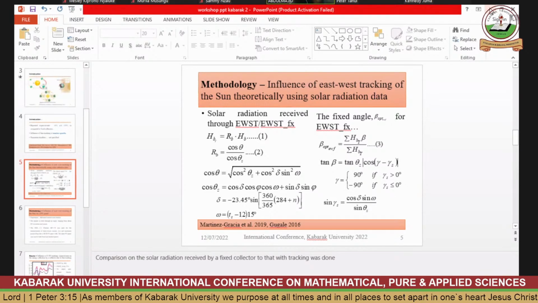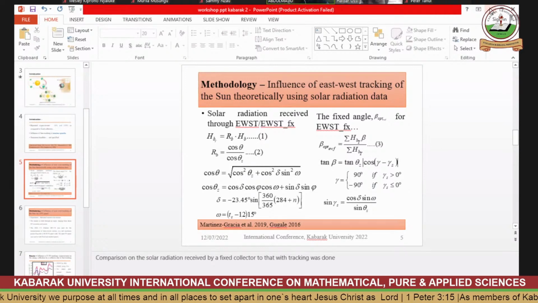Okay, thank you for the question. As I said earlier, there are different literatures showing the impact or influence of sun tracking for different locations with different geographic and climate conditions. But our interest in this study is to show how significant sun tracking is in Dar es Salaam or in Tanzanian localities.